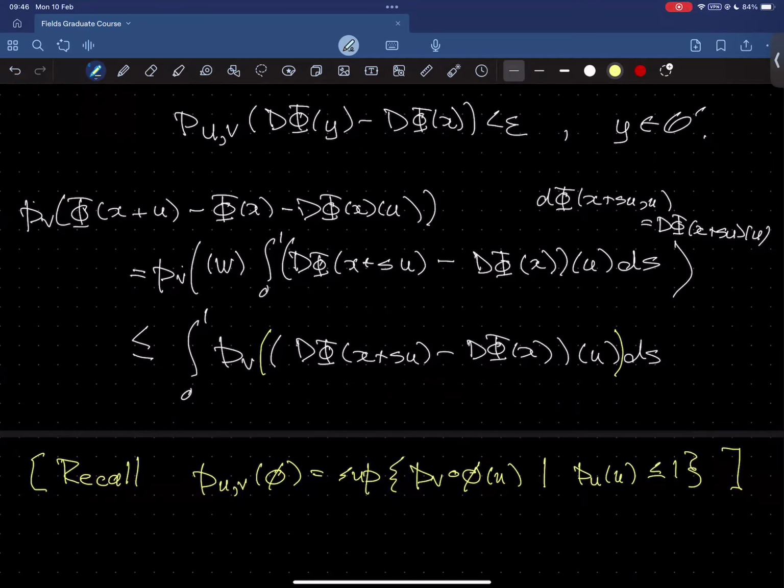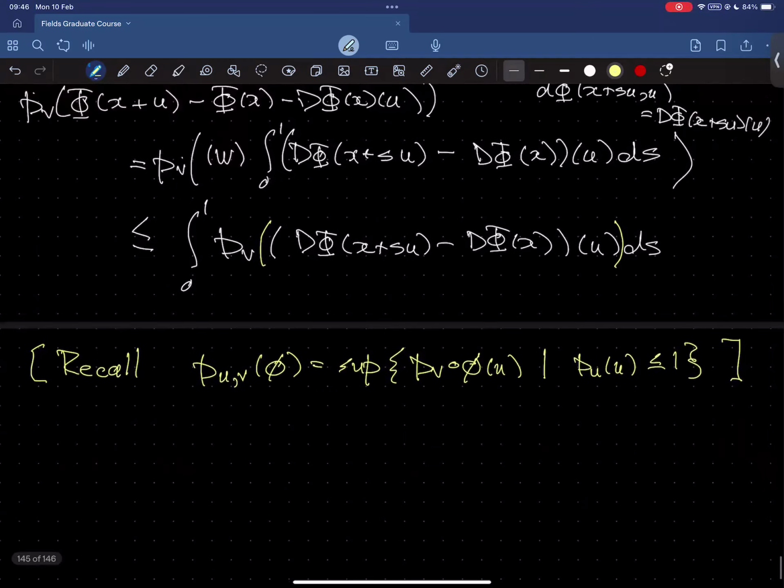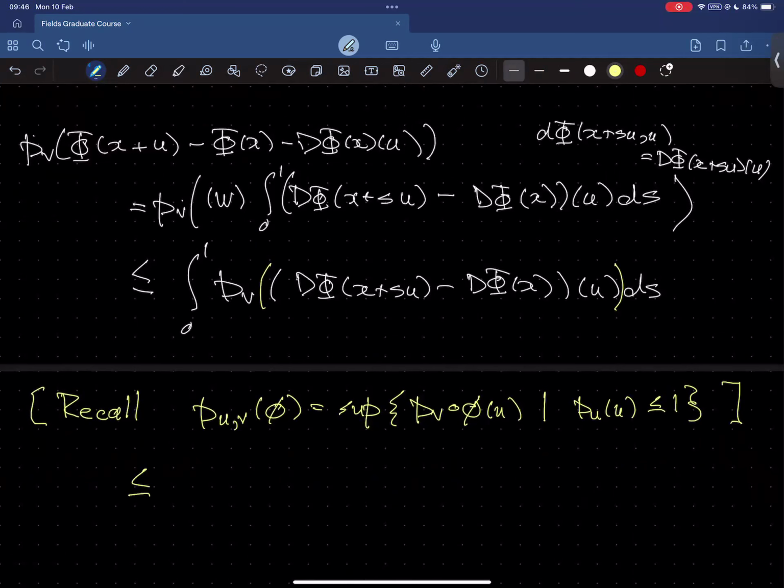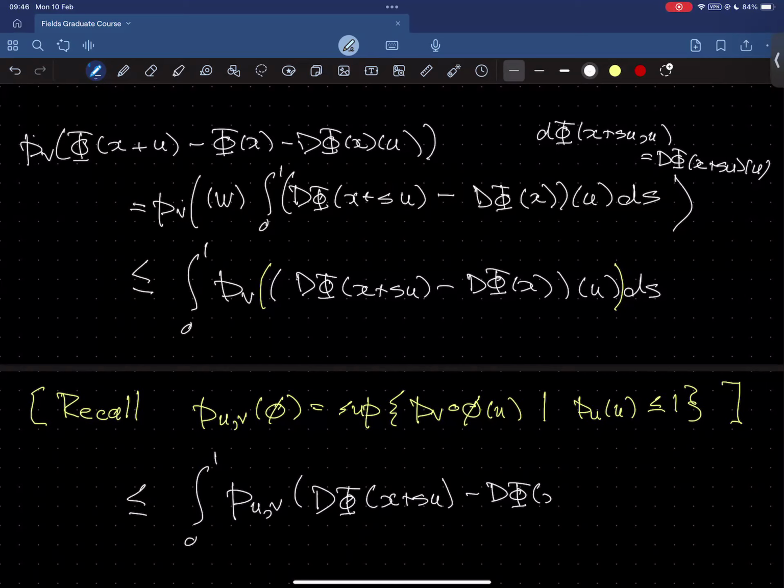So this is going to be less than or equal to the integral from 0 to 1 of the norm of d phi of x plus s u minus d phi of x, and then the norm of u.